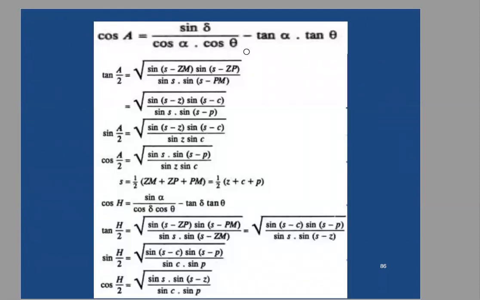We are well aware of these relations. Using those relations, we can calculate the angles.